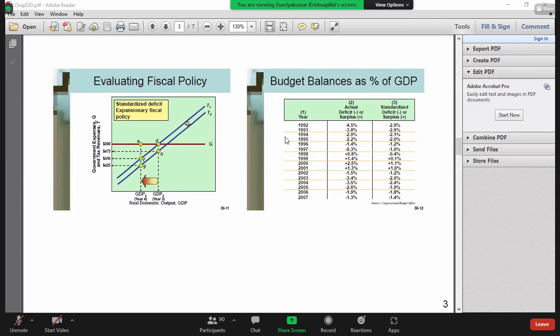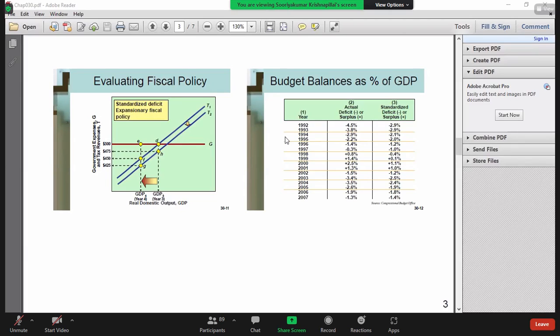So that tax revenue curve shifts down. So that is recession, the economy is in recession. Then that 25 million difference between the government expenditure and the tax revenue is a budget deficit. So now it's the expansionary fiscal policy.